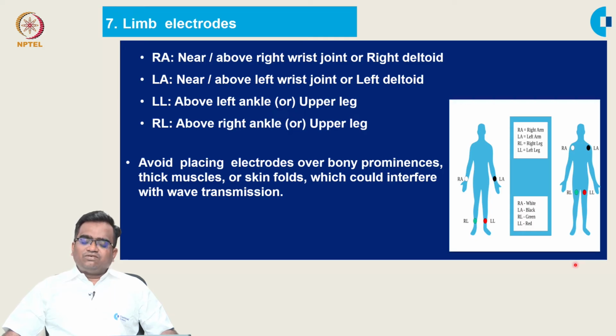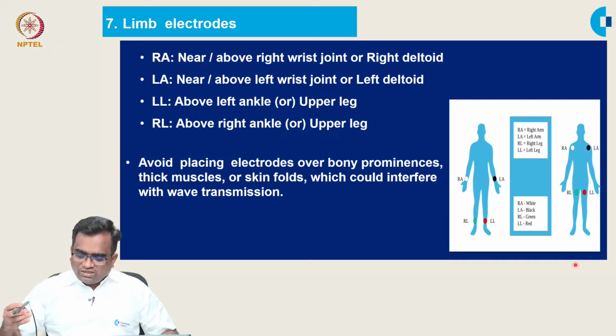The LA electrode has to be placed near or above the left wrist joint or in the left deltoid. The left leg LL electrode has to be placed above the left ankle or in the upper leg. The right leg electrode goes above the right ankle or in the upper right leg.